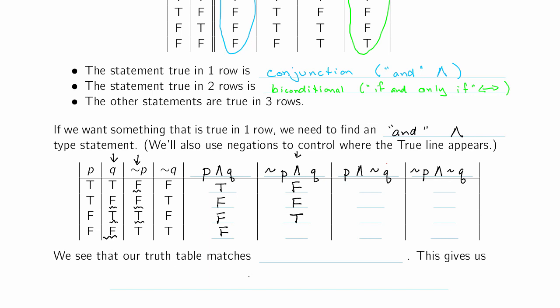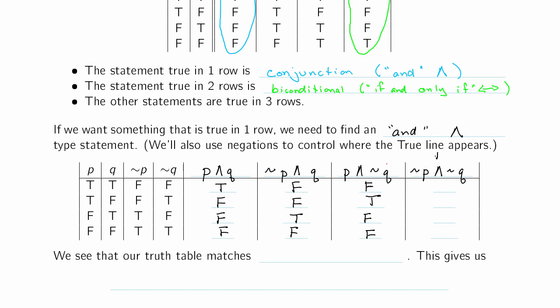And in the fourth row, Q is false, so the and is false. For P and not Q, now we want to look at the P column and the not Q column. In the first row, not Q is false, so the and is false. In the second row, they're both true, so that's where and is true. In the third row, they're both false, so and is false. In the fourth row, P is false, so and is false.